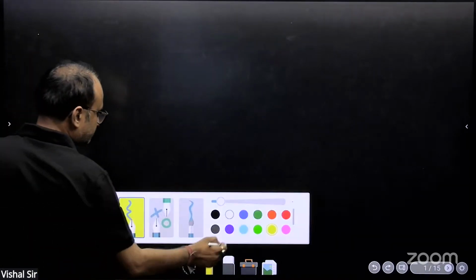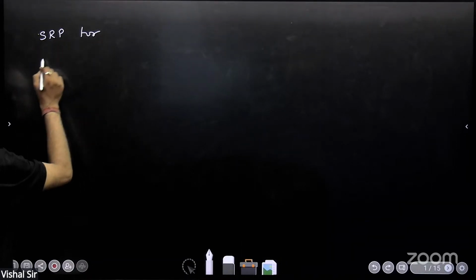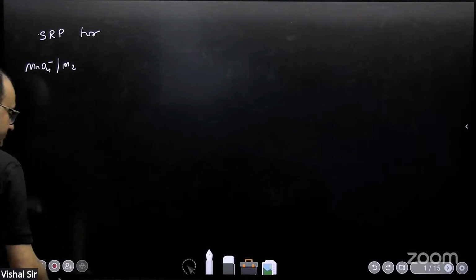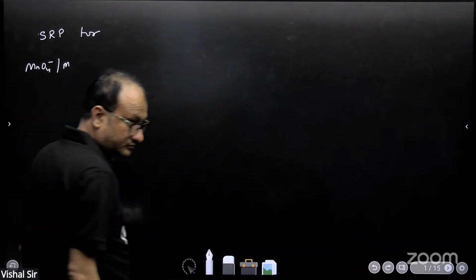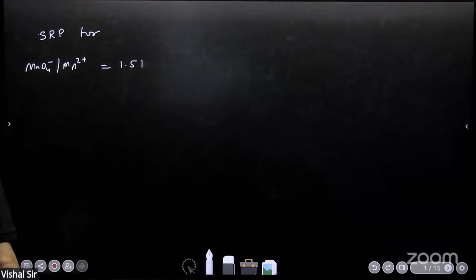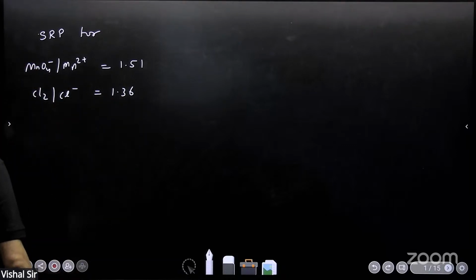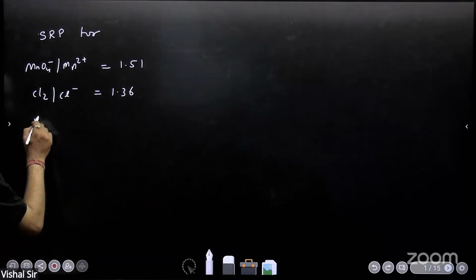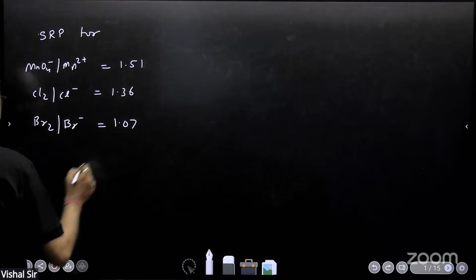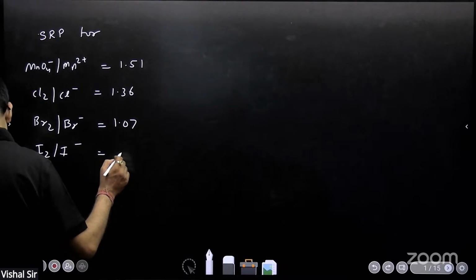So standard reduction potentials for MnO4 minus to Mn2 plus is 1.51, Cl2 to Cl minus 1.36, Br2 to Br minus 1.07, and I2 to I minus 0.54.